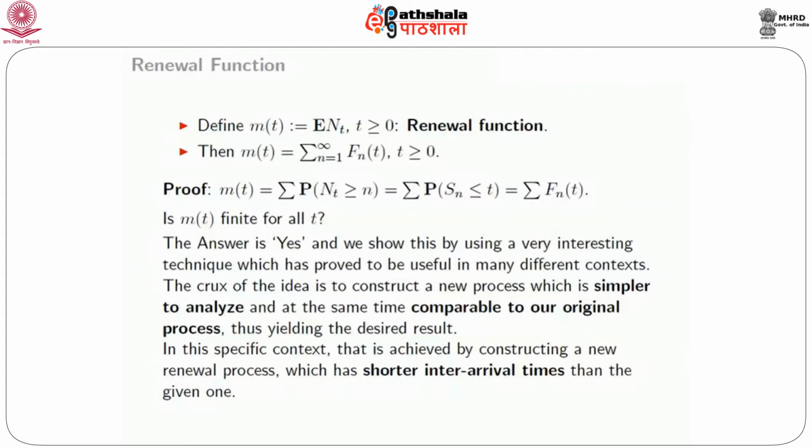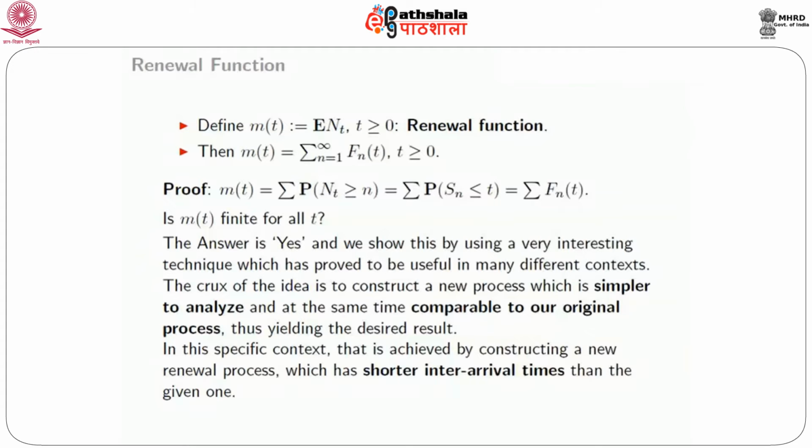Anyway, the answer is yes, and we show this by using a very interesting technique, which is not just used in this context, but has proved to be very useful in many different contexts in probability. The crux of the idea is to construct a new process which is simpler to analyze and at the same time comparable to our original process to yield the desired result. So we want to show that the expected value of N(t) is finite.